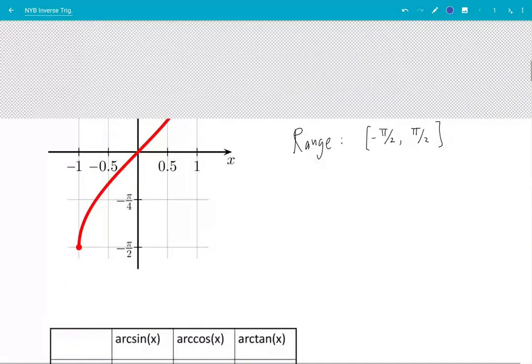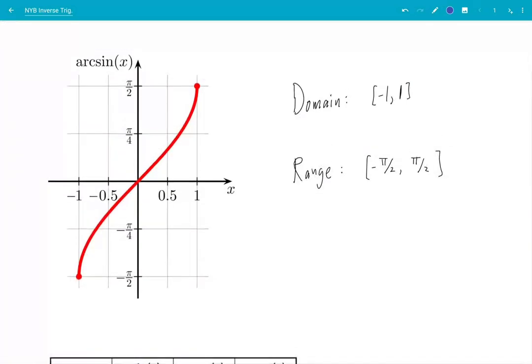Here we go. See, arc sine always gives you a result between minus pi over 2 and pi over 2. Okay, it cannot give you something outside of that range.